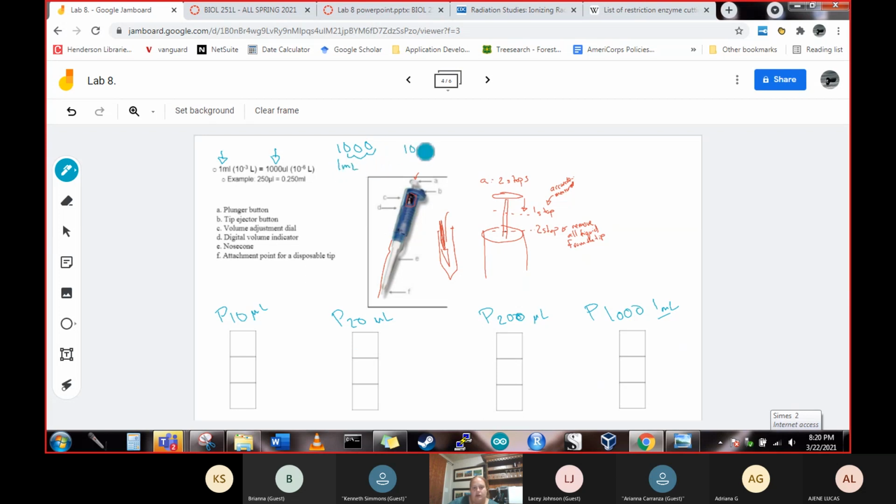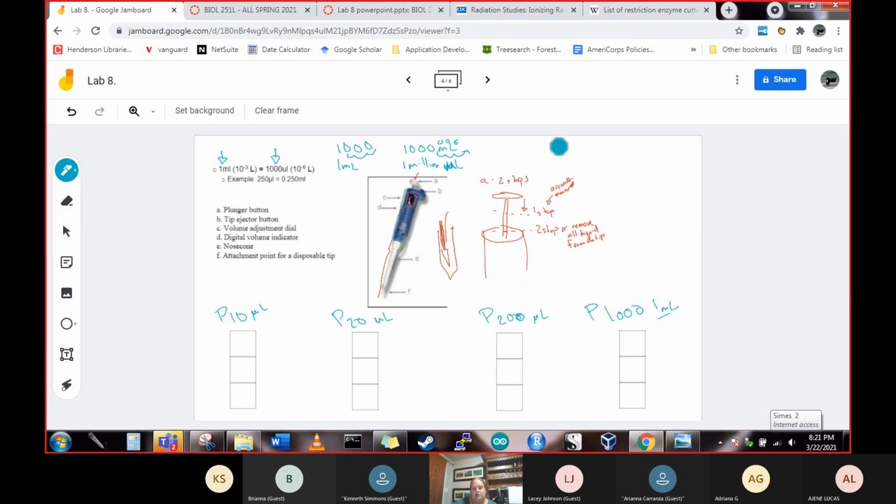If you had 1000 milliliters, you would move it to the right 3 and you would end up with 1 million microliters, micro with a little u, because you'd move it to the right versus moving it to the left.